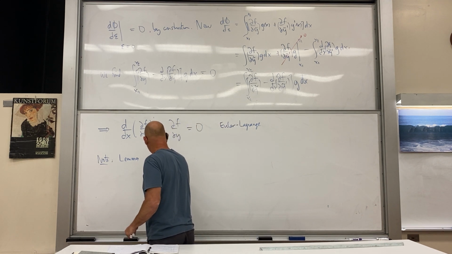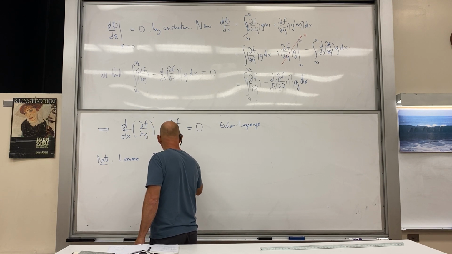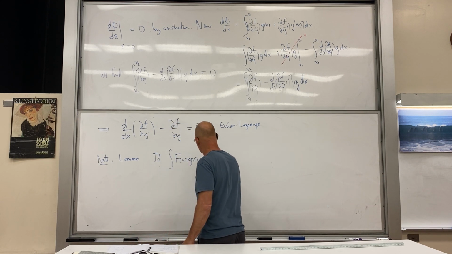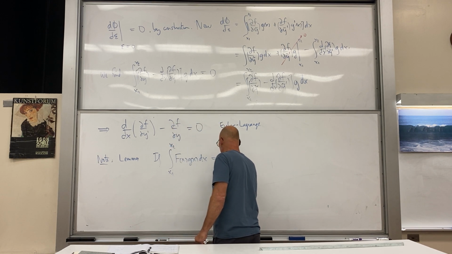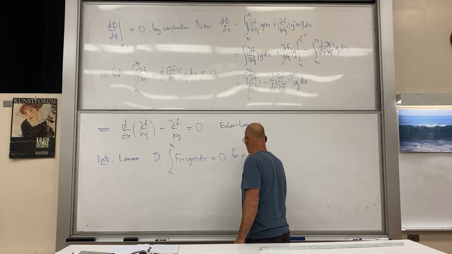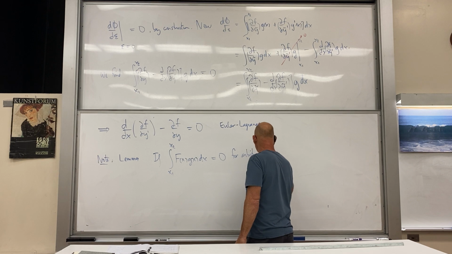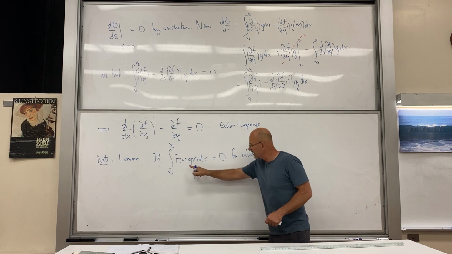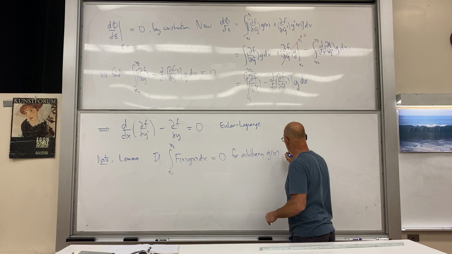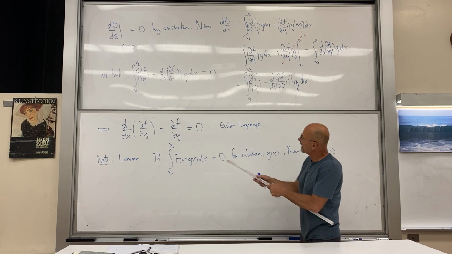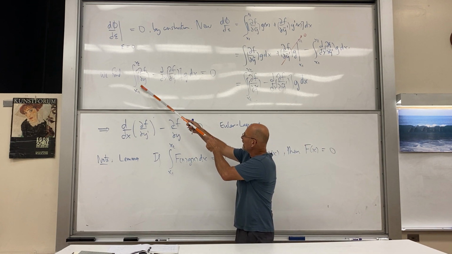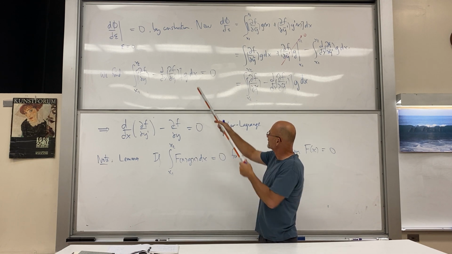And that is, if the integral of f of x g of x dx from x1 to x2 is equal to 0 for arbitrary g of x, then f of x itself is also equal to 0. Then this capital F of x here is equal to 0. And you can see in my statement, this f of x is my square bracket. Okay, my g of x is the one I've been using there.